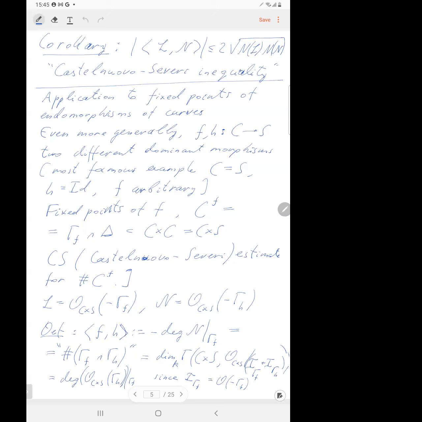So it's a zero-dimensional scheme, but not necessarily a variety. Okay, thank you. But in general, if the two morphisms are in general position and their graphs intersect transversely, then there is no need for these quotation marks. It will be literally just the cardinality of their intersection. And in general, it's only an upper estimate.